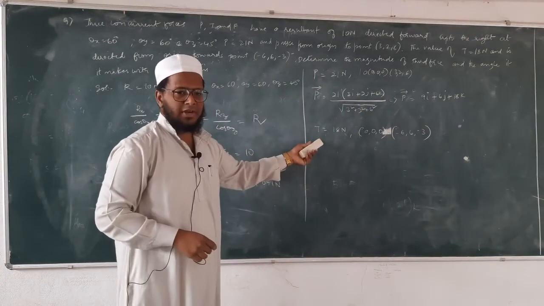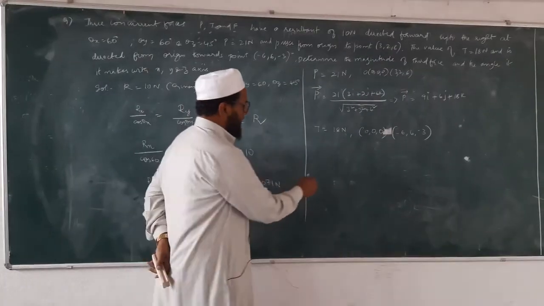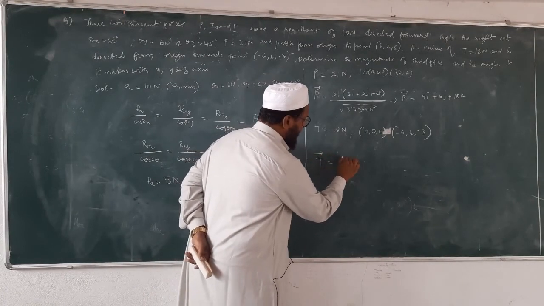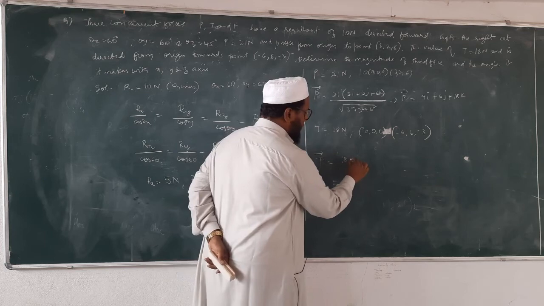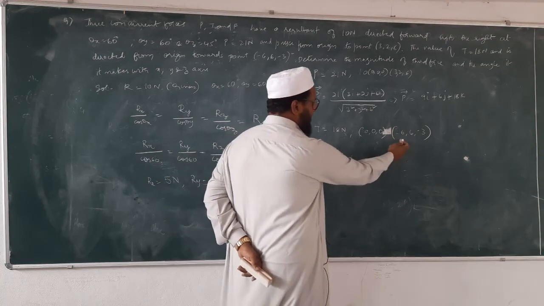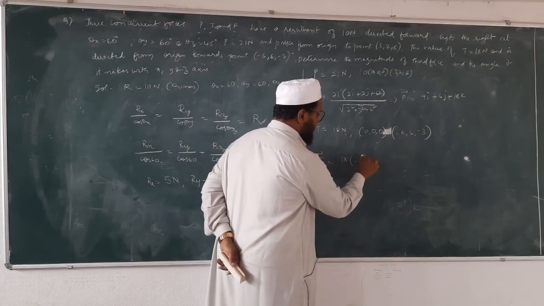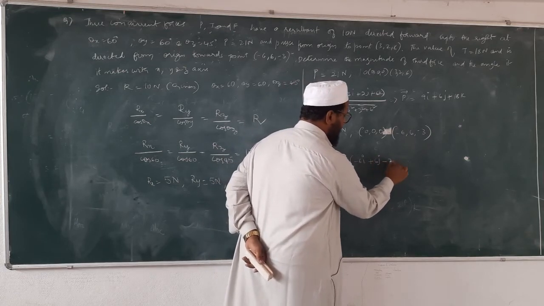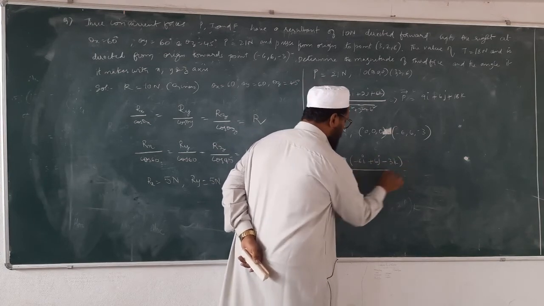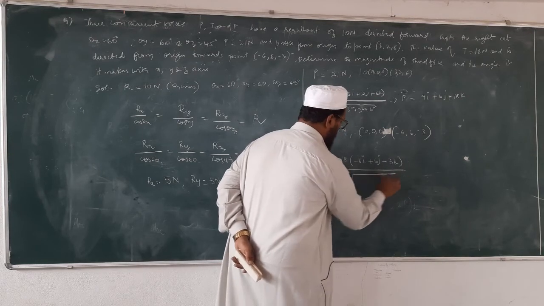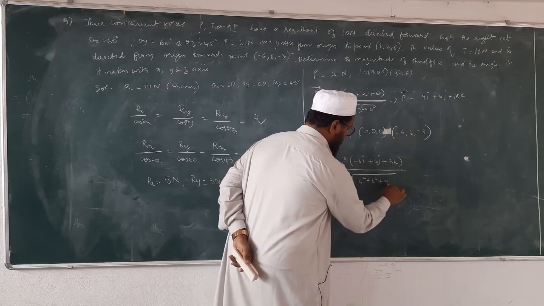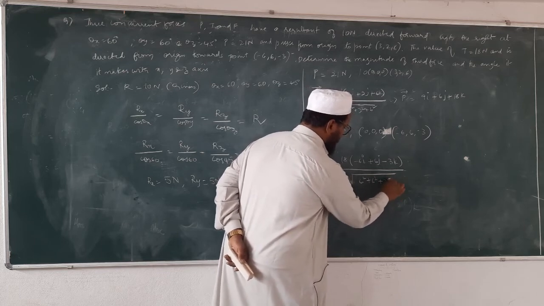Now can I formulate force vector for this one? So see here, force vector is equal to 18 into minus 6i plus 6j whole divided by 6 square plus 6 square plus 3 square.